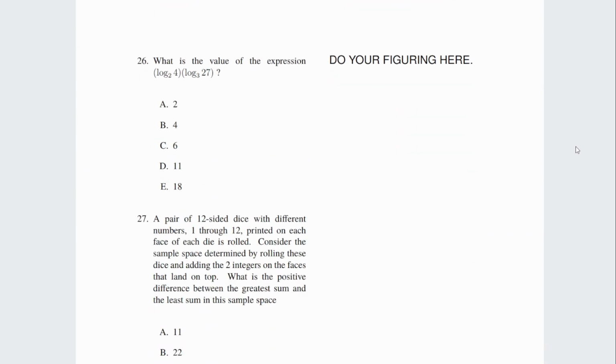Question 26 asks, what is the value of the expression log base 2 of 4 times log base 3 of 27? And this can seem daunting, but if we think about what a logarithm is supposed to do, we're asking, what exponent do I need to raise this low number to get this high number? In other words, 2 to the what equals 4?